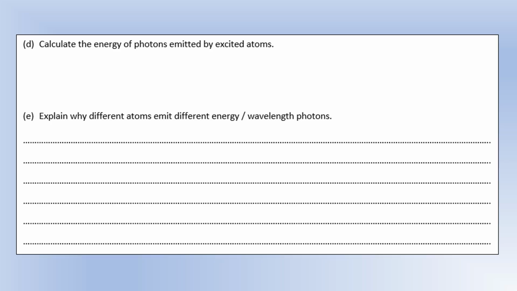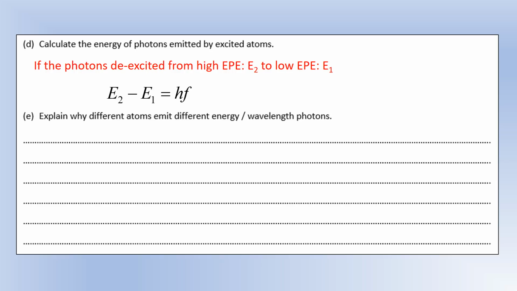So in terms of calculating the energy of the photon you produce, what you need to do is know the two energy states of the electron before it de-excited and when it's de-excited. And if you know the difference between those, you can calculate the photon energy produced.